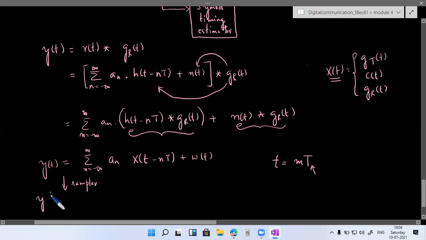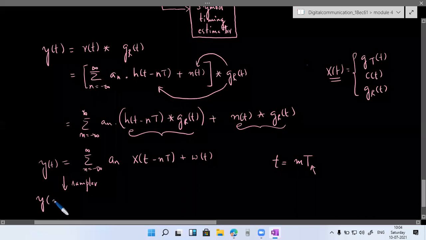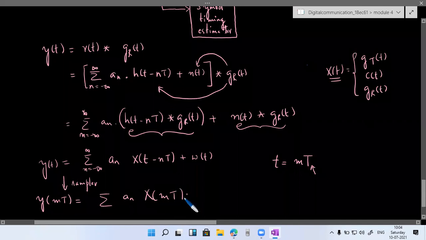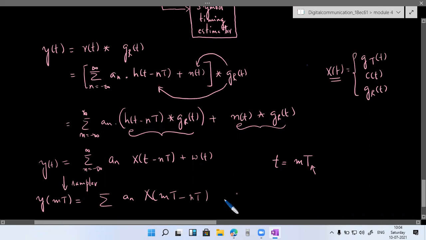So in turn, when this is made to go through a sampler, I'll have y_m(t) in turn equal to summation a_n x, where small t should be replaced with mT, minus nT, plus w(t).